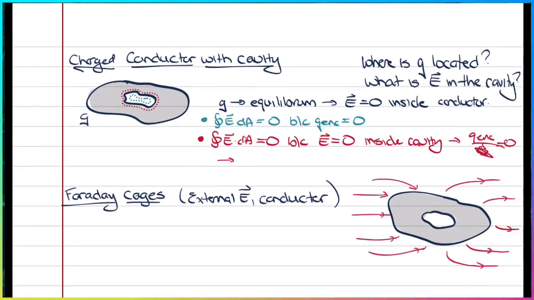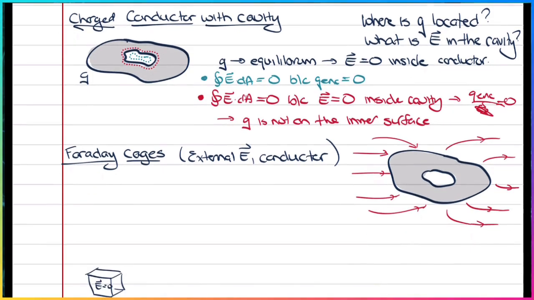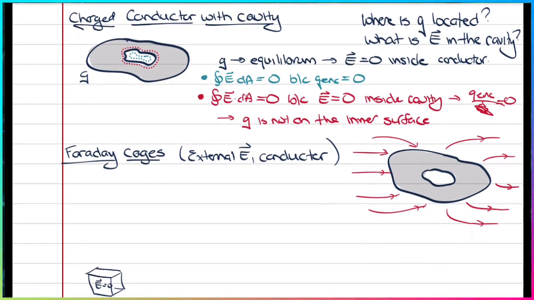It seems that this implies Q is not on the inner surface. And we have essentially argued, you could fill in the steps, that E is also 0 inside the cavity, and Q, again, is on the outer surface.